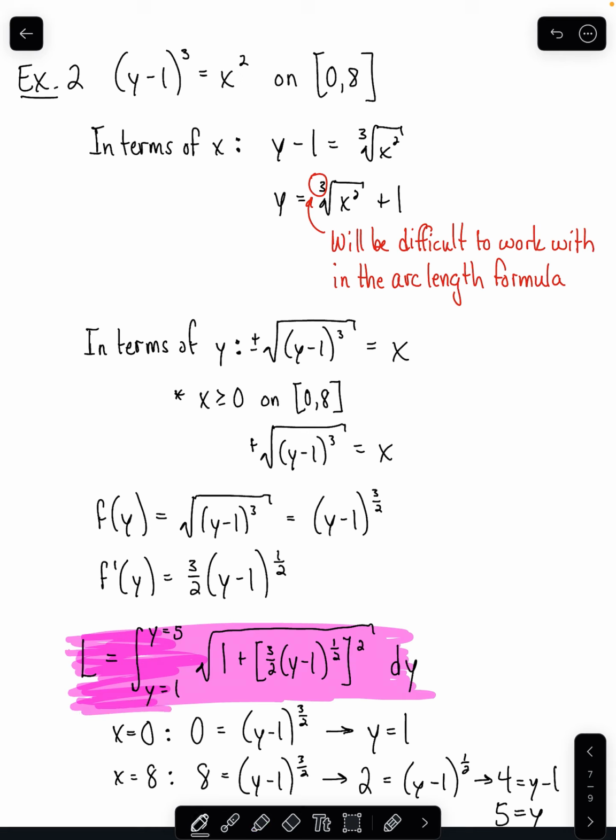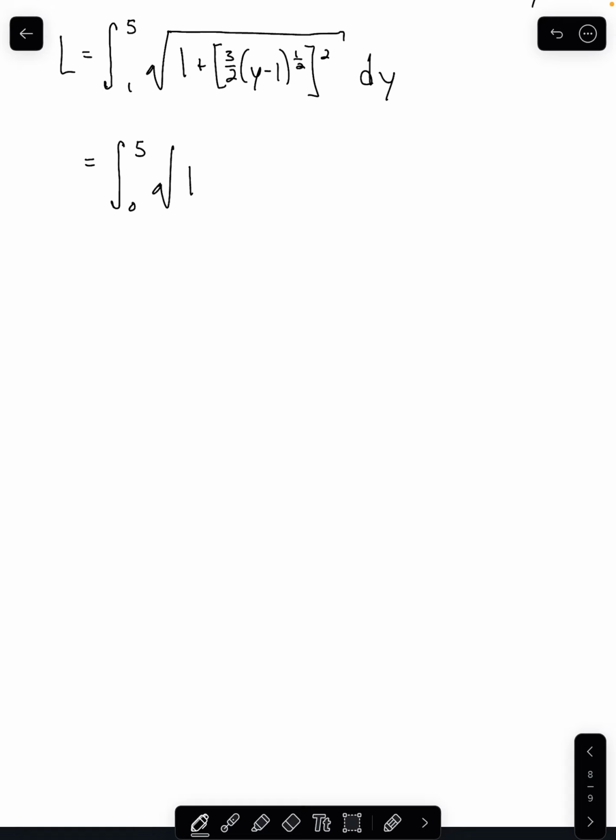Let's take that to the next page where we have room to work. The integral from 1 to 5 of the square root of 1 plus 3 halves times y minus 1 to the 1 half squared dy. Under the radical, we have the 1, and then we have the 3 halves and the y minus 1 to the 1 half, which gets squared.